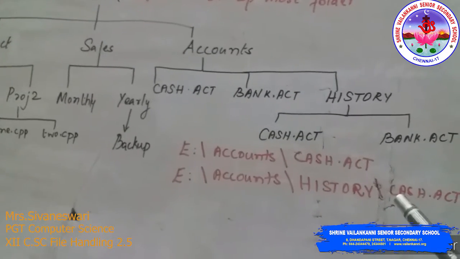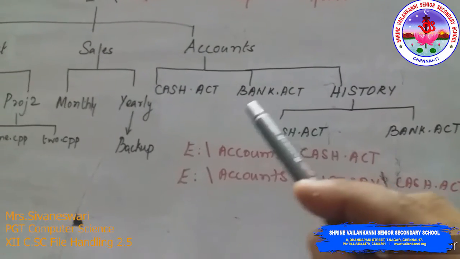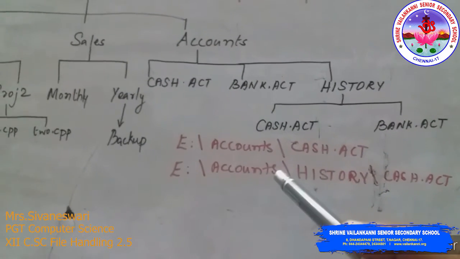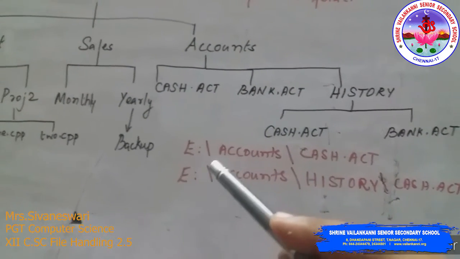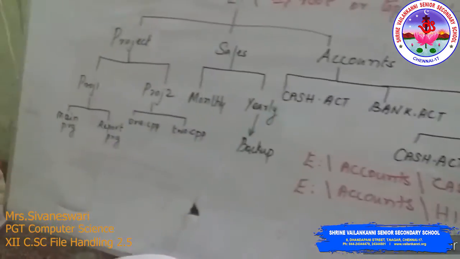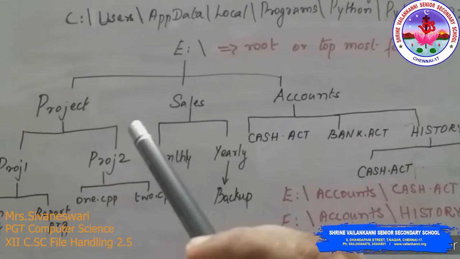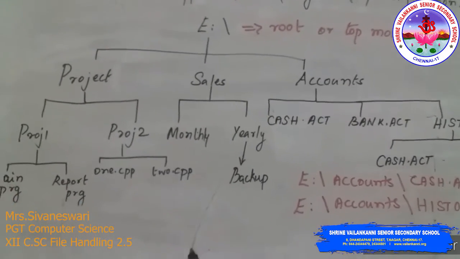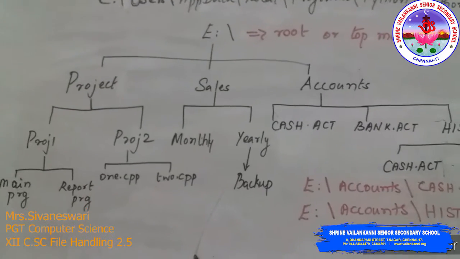Here we have to mention the full path since we have the same file under two different directories. So we use the absolute path, which gives the whole path, whereas the relative path considers only the current folder we are working in, and from there it accesses the file.